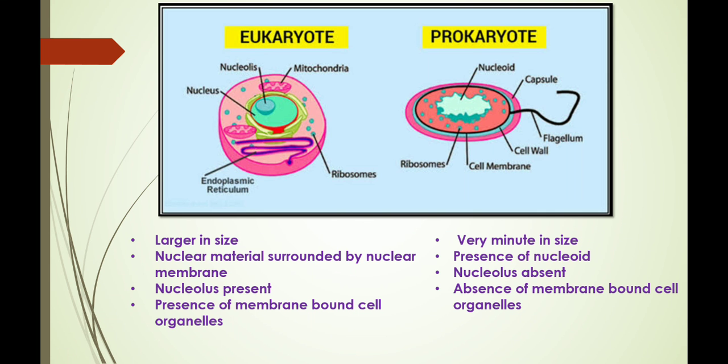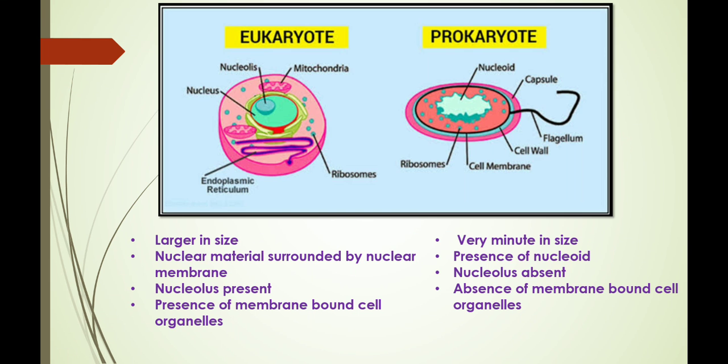Moreover, if you see the diagram, then it is very clear that the prokaryotic cell is smaller than the eukaryotic cell. Right? And in case of eukaryotic cell, membrane-bound cell organelles are present, whereas in case of prokaryotic cell, membrane-bound cell organelles are not present. So these are the main differences between the eukaryotic cell and prokaryotic cell.